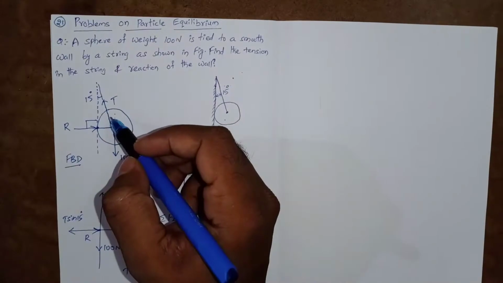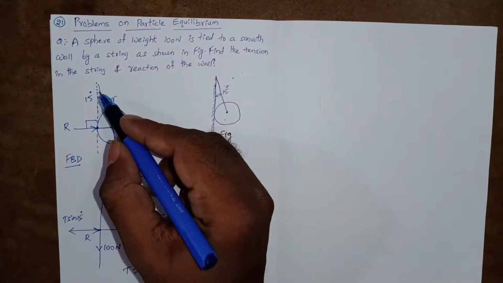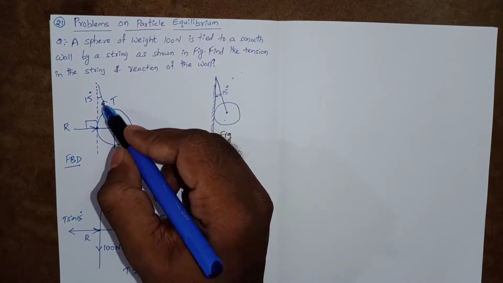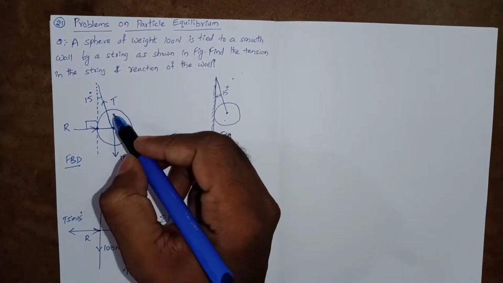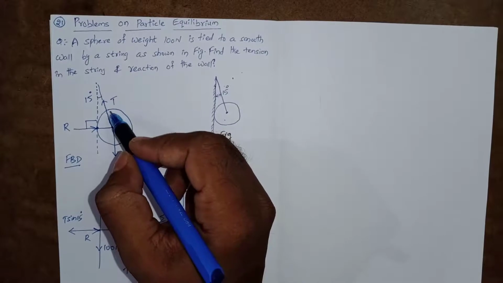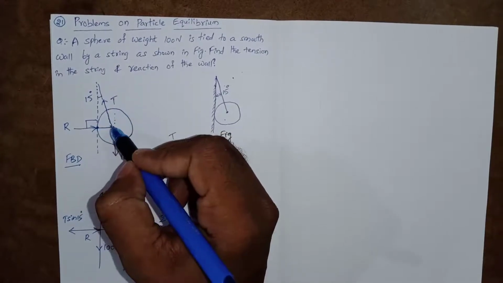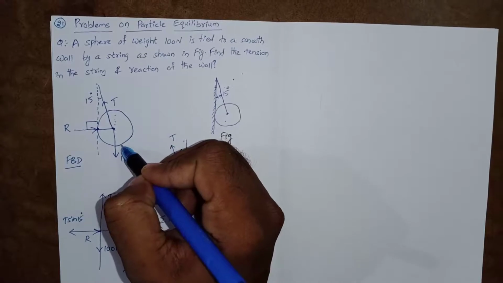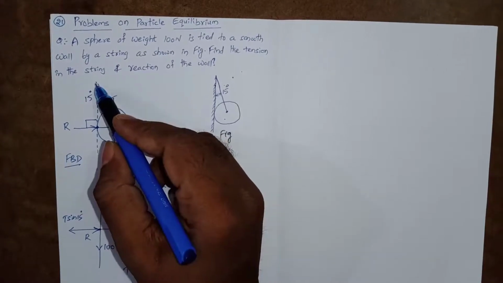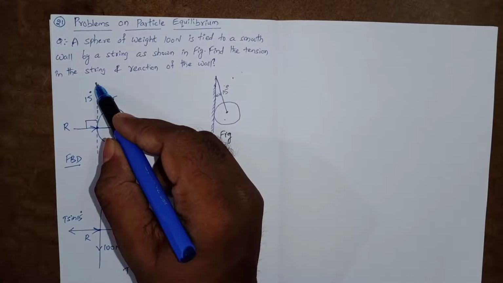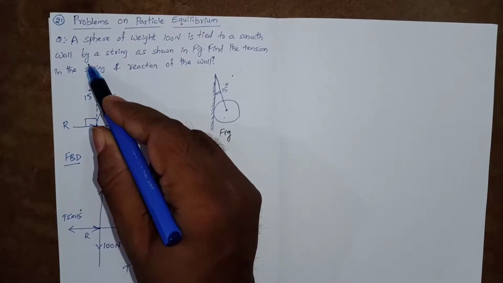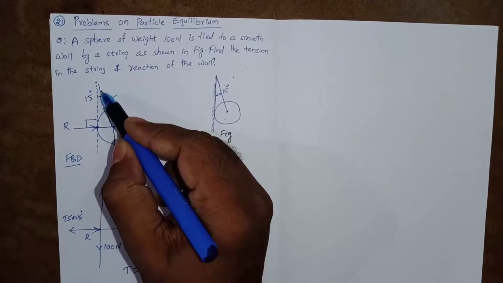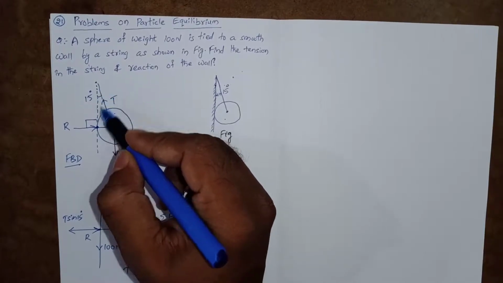Now remove this string and show the reaction exerted by the string on the sphere. Here the sphere will pull this string in this direction, and the wall at this point will pull this string in this direction. Thereby the string will be tight and tension will be developed in the string.